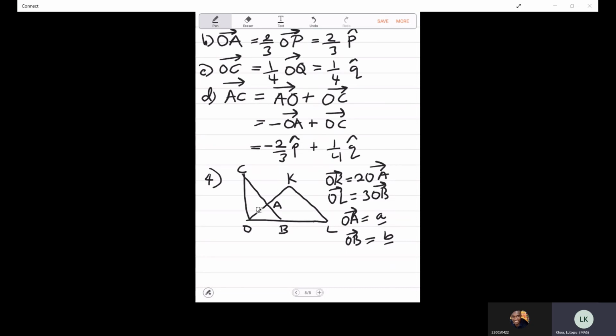Then the first question says express OK and OL in terms of A and B respectively.